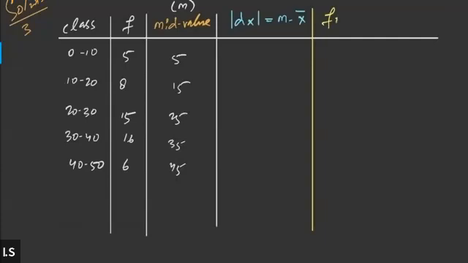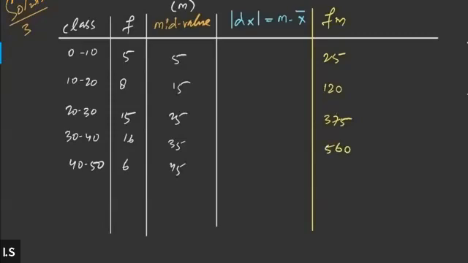Sigma fm. Let's multiply the f and the mid value. 5 into 5, 25. 15 into 8, it will be 120. 25 into 15, 375. And 35 into 16, 560.